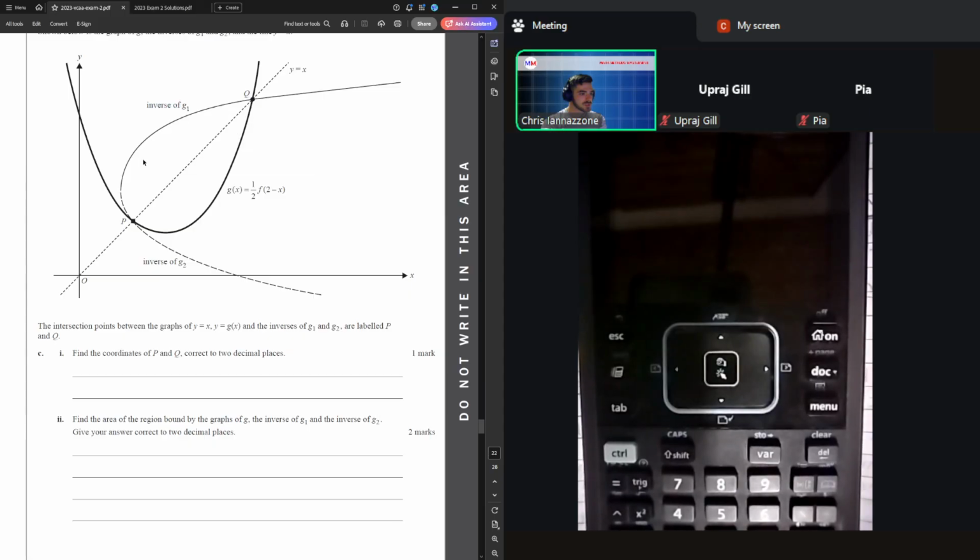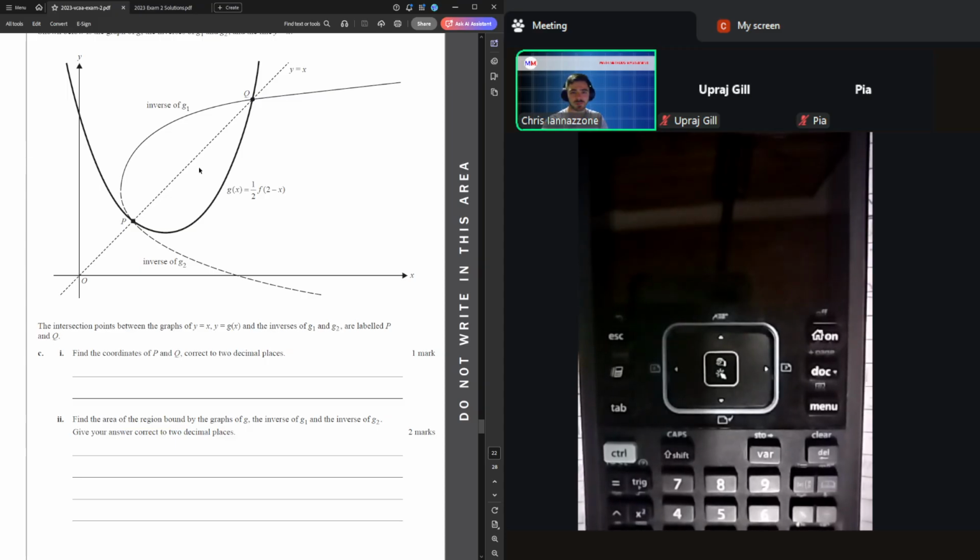So you've got inverse of g1, inverse of g2, and then g. What that effectively means is, where do all those lines meet? Well, it's this bit in the middle here, this little buffer type shape. Finding the area bound by that.